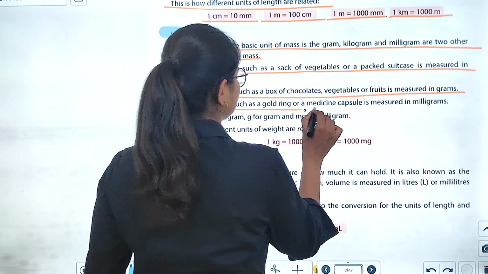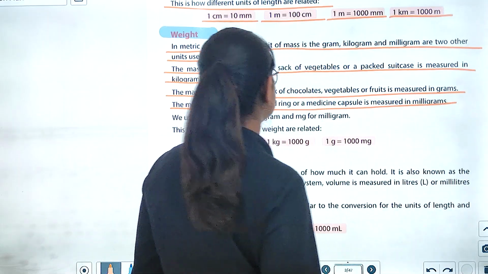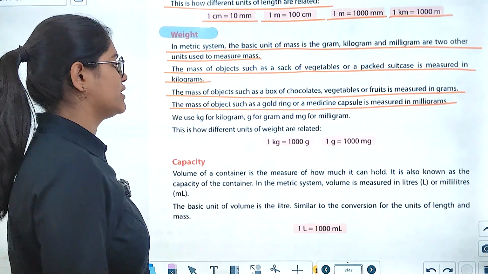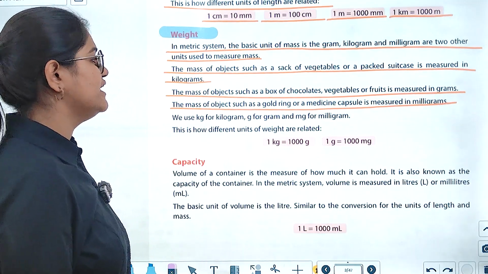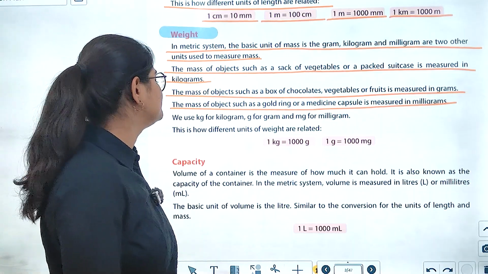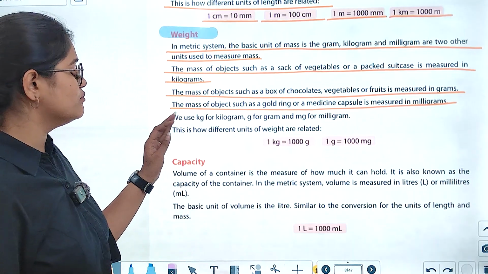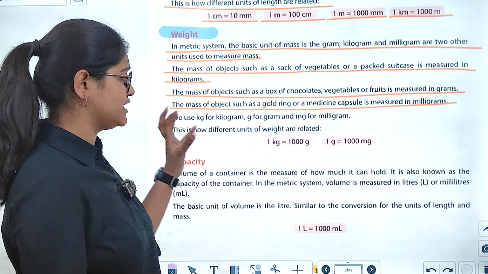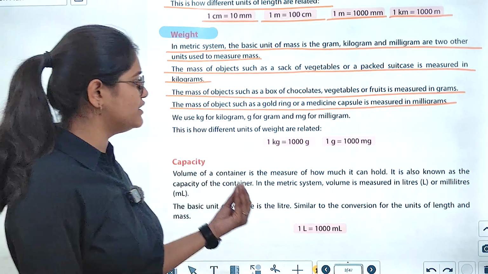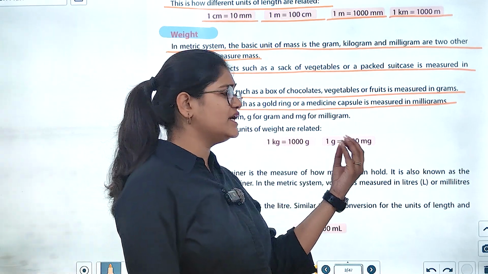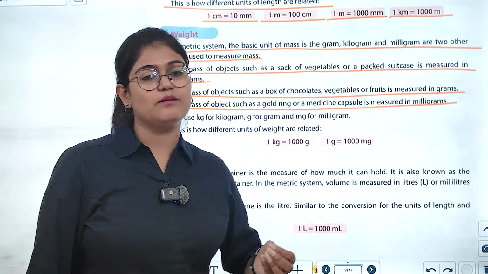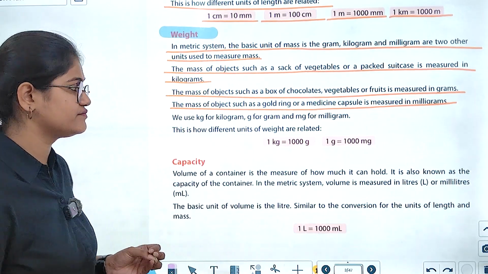The mass of objects such as a box of chocolates, vegetables or fruits is measured in grams, right. The mass of an object such as a gold ring or a medicine capsule is measured in milligrams. The mass, that is the weight, of objects like a gold ring or a medicine capsule is measured in milligrams, right.